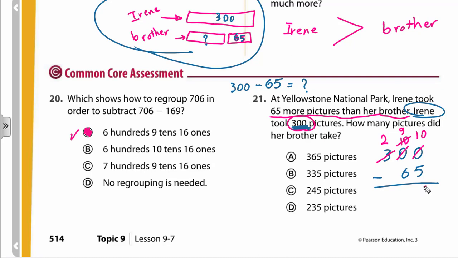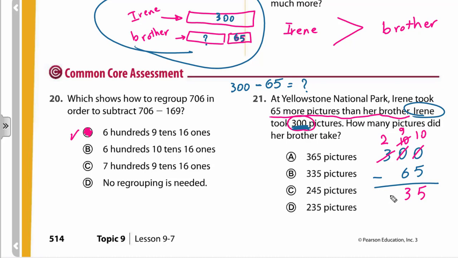10 minus 5, 5. 9 minus 6: 1, 2, 3, 4, 5, 6. Equals 3.